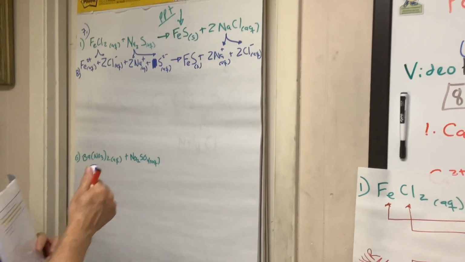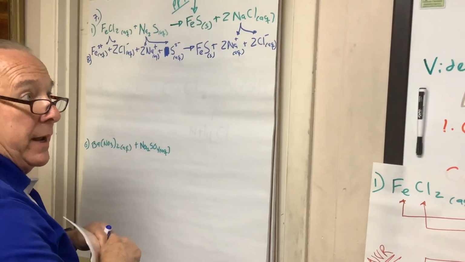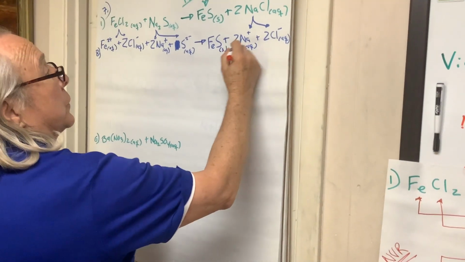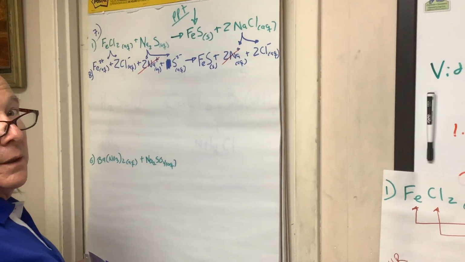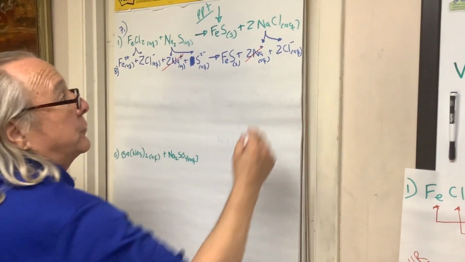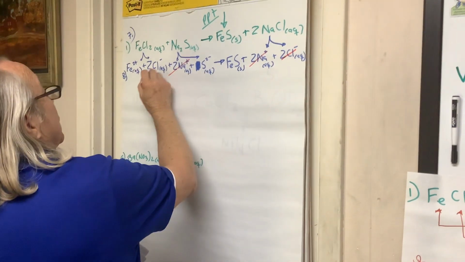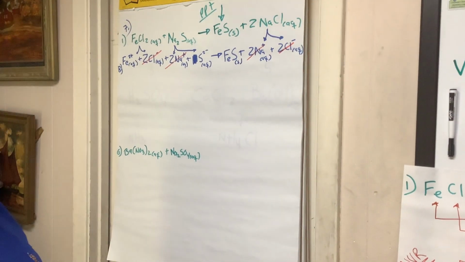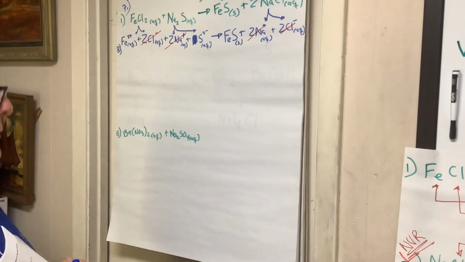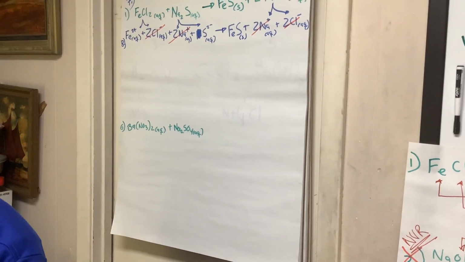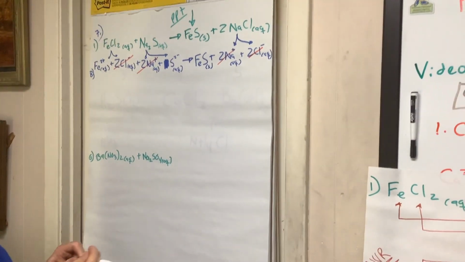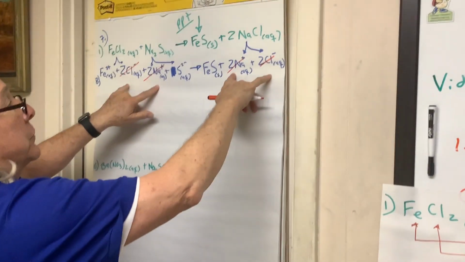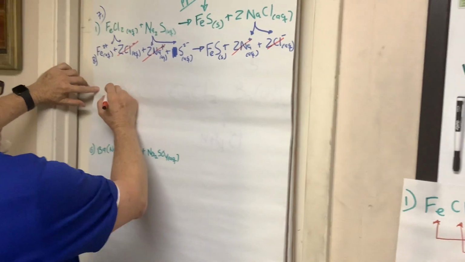But notice I have, like a mathematical equation, 2 sodiums on this side and 2 sodiums on that side. And I have 2 chlorides on this side and 2 chlorides on that side. You don't need to cross those out. But my point is that when I treat this like a mathematical equation and see terms that are present on both sides, I can do away with them.